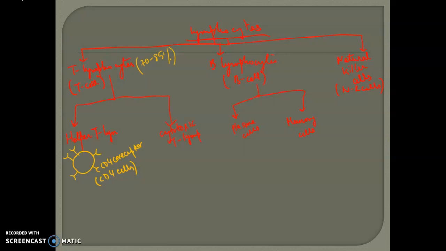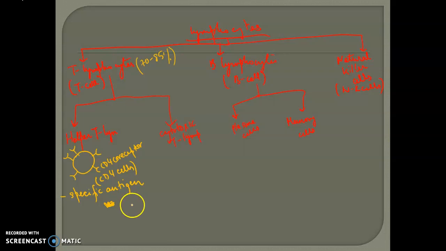Alright, now remember one thing. These helper T lymphocytes work against very specific antigens. So for example, let's say there is this one specific antigen. I'm drawing an antigen here. And there will be a particular helper T lymphocyte that will work against this specific antigen.